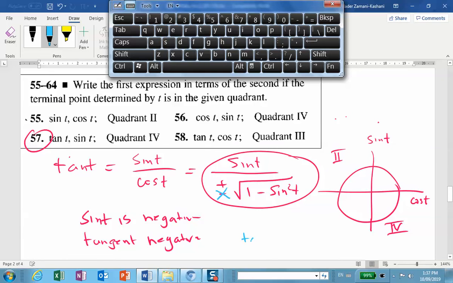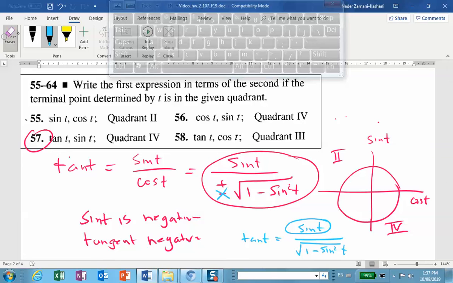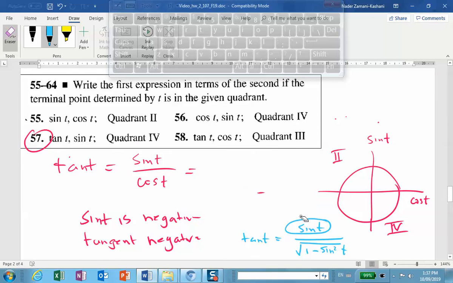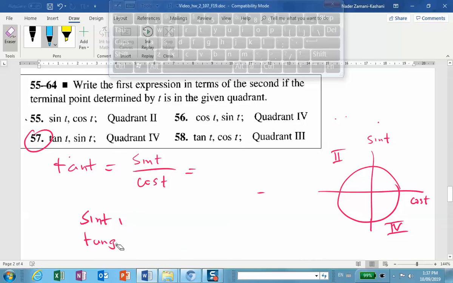So tangent of t is equal to sine of t over square root of 1 minus sine squared t. That makes sense because to begin with, this is negative. The expression at the bottom is always a positive number. The ratio is a negative number. So that's the correct answer. Let's finish this thing. I'm really sorry about this screw up.